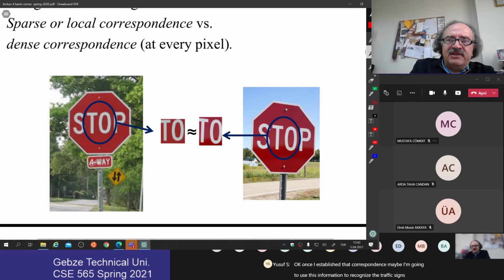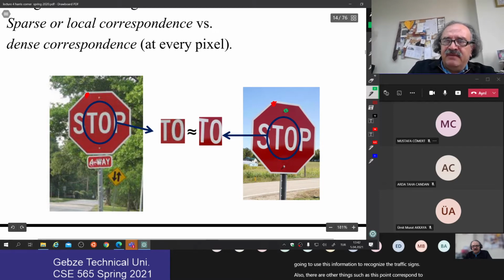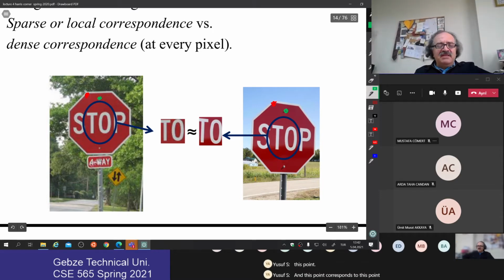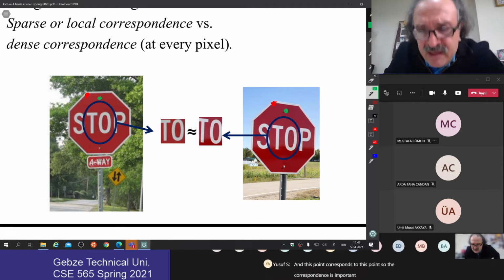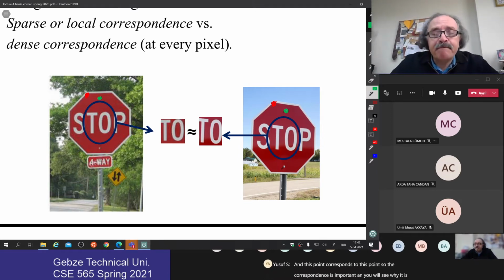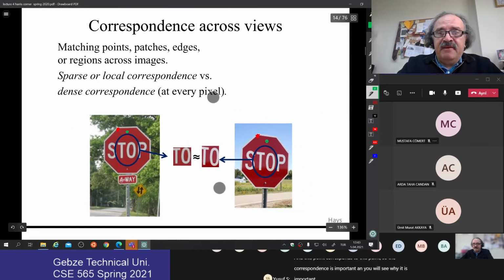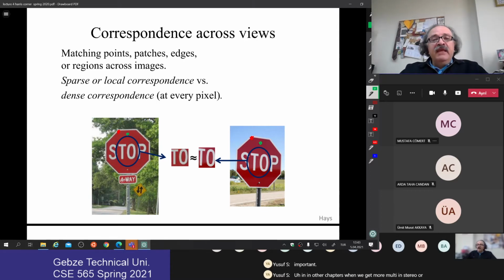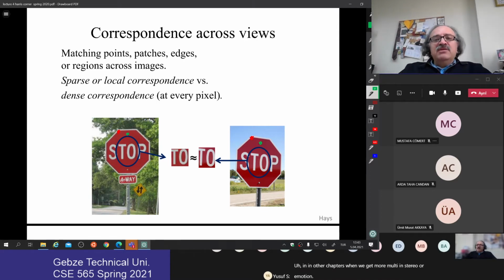Also, this point corresponds to this point, and this point corresponds to this point. So the correspondence is important, and you will see why it is important in other chapters when we look at multi-view stereo or motion analysis.